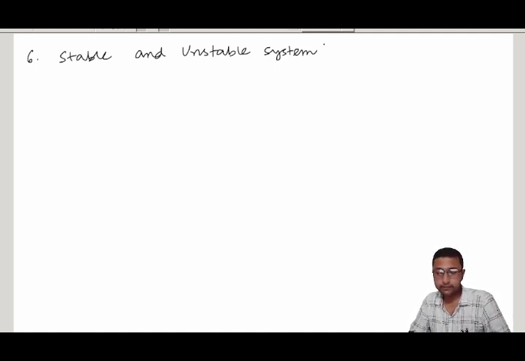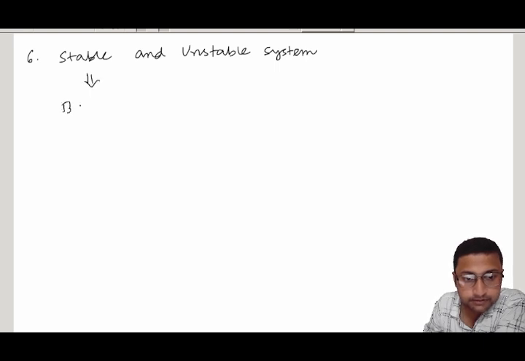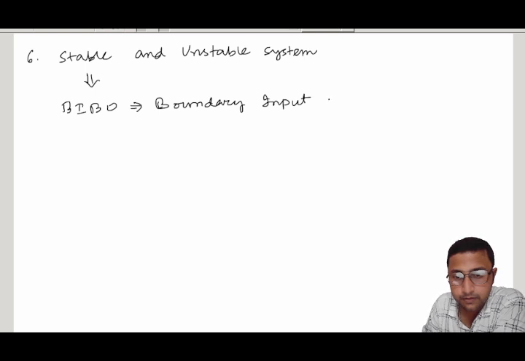That means a bounded input produces a bounded output. It does not diverge. So the stable system is also called a BIBO system, B-I-B-O, that means bounded input, bounded output.